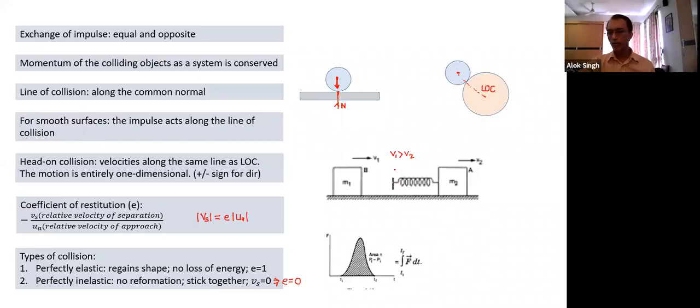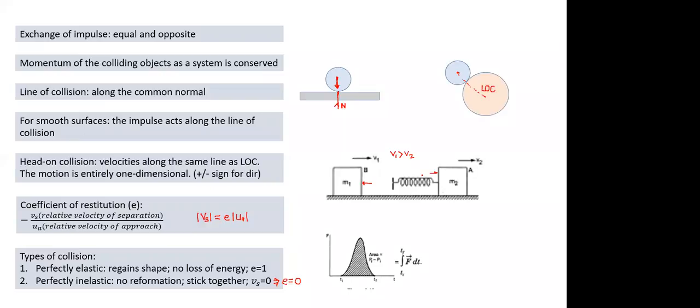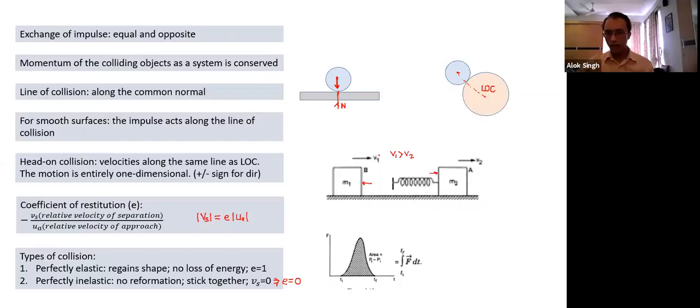The moment they get in contact, the spring starts exerting force. The spring exerts a force on the rear object in the backward direction and on the front object in the forward direction. So v1 starts slowing down and v2 starts increasing.